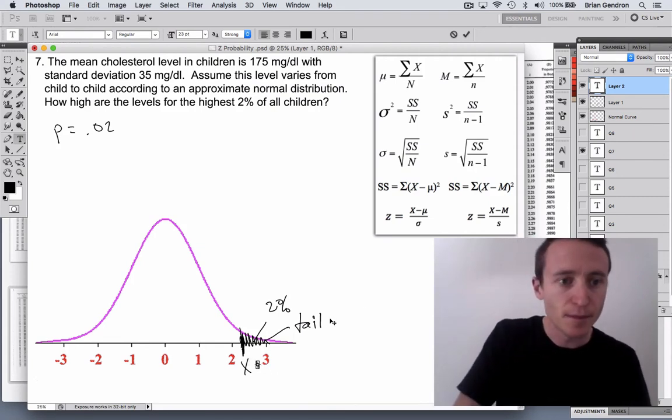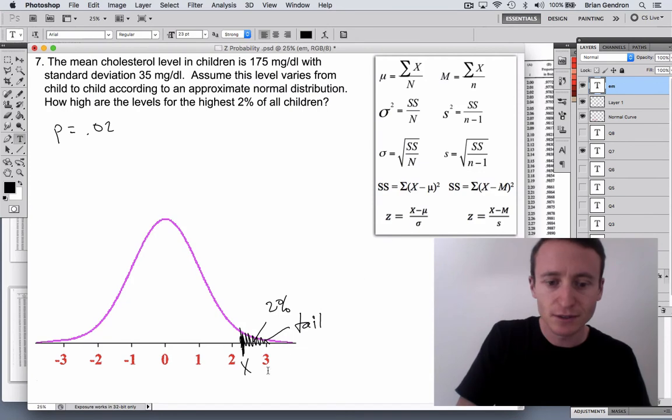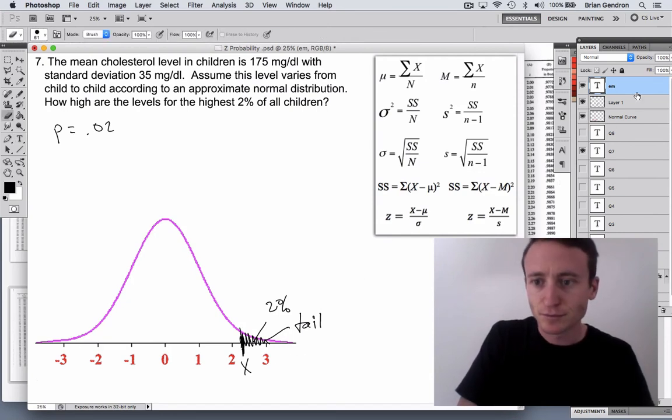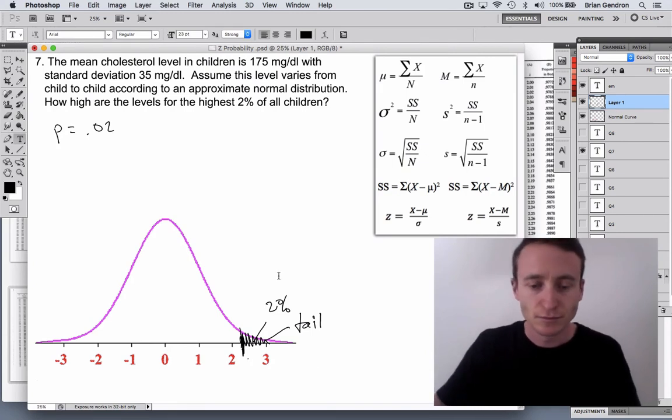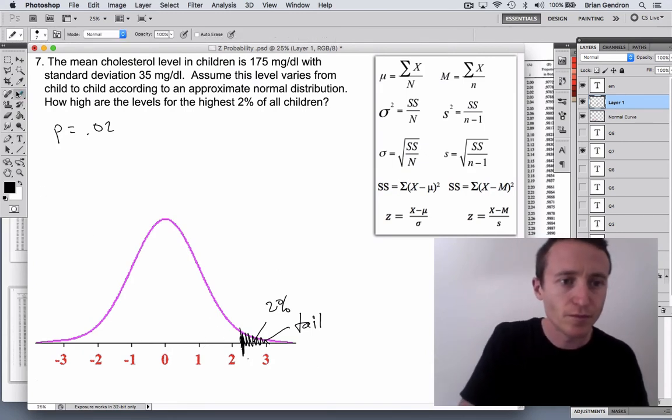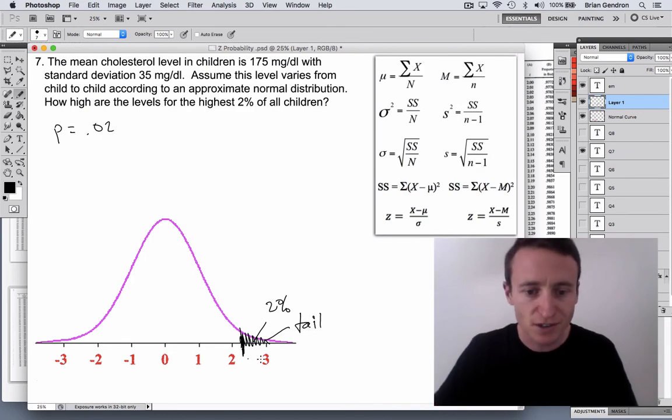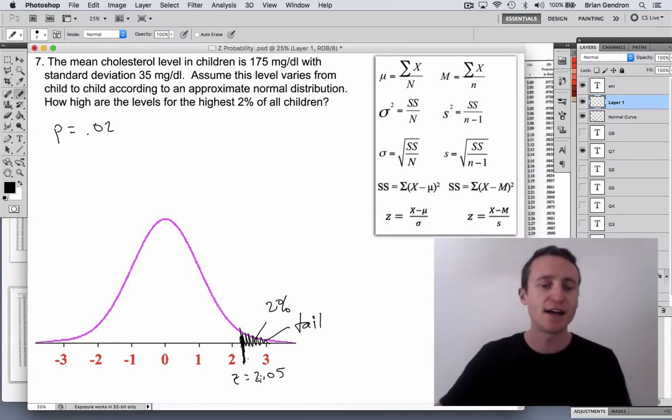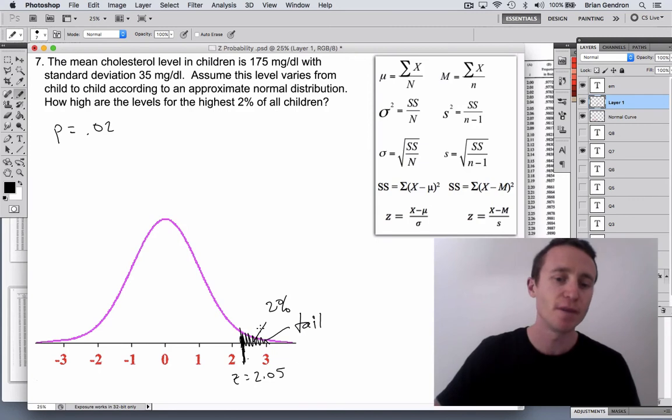Excuse me, I have to correct this. If I were to treat this point right here as a z value, thank you for your patience, this value right here is 2.05. That is the z value that separates the top 2% from the bottom 98%, but we want to know how high the cholesterol levels are to be in that top 2%.